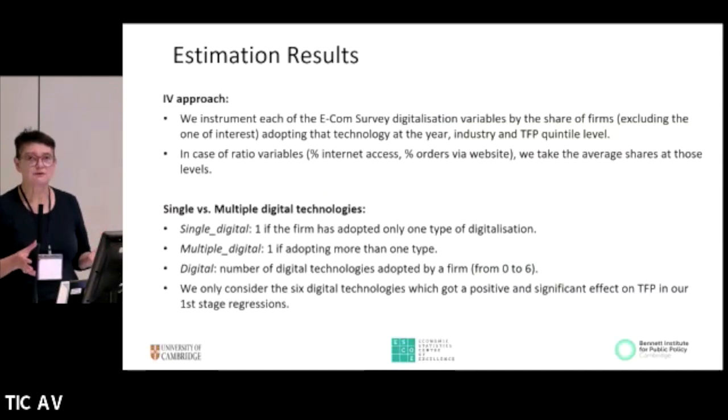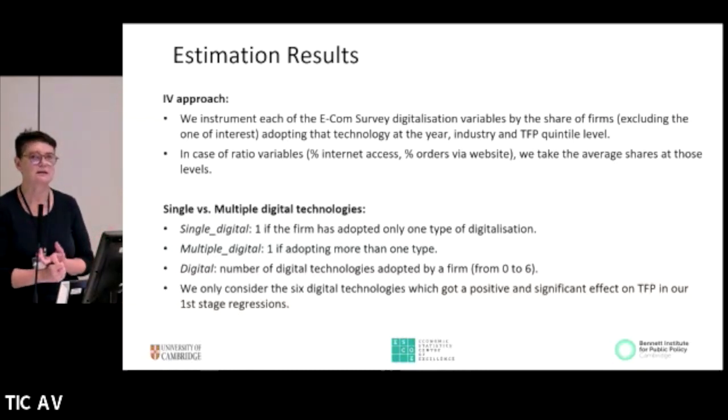We use an instrumental variables approach, and the instruments were the share of firms adopting the technology by year, industry, and TFP quintile, which is pretty standard. And we had to do something different for ratio variables in the e-commerce survey. At a later stage, we also introduced some new variables.